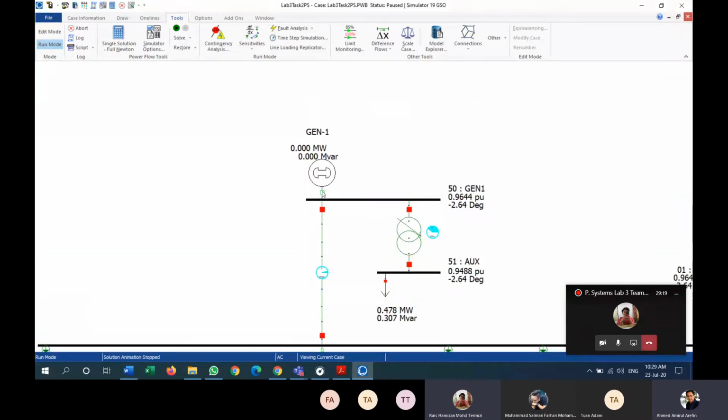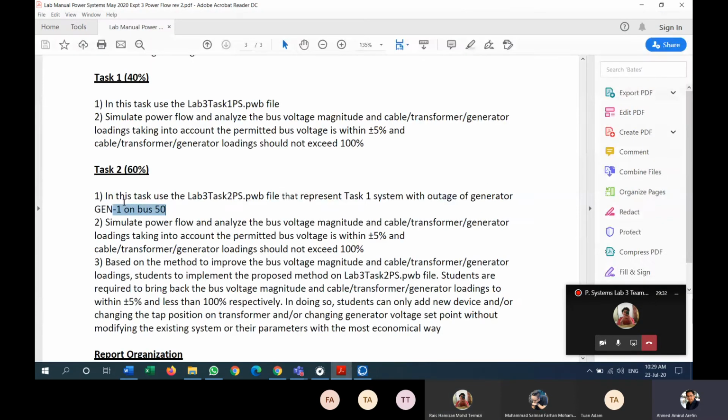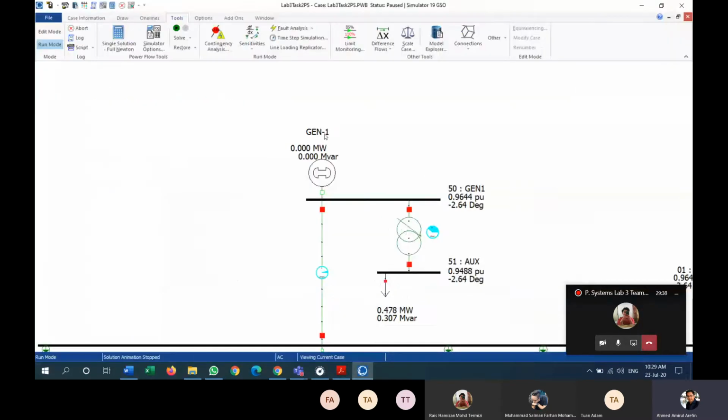Right. Not connected. Open. They also said in the manual: the outage of the generator Gen 1. This is the Gen 1. See? Okay. So any other questions? Then we will go to the rubric part one by one.